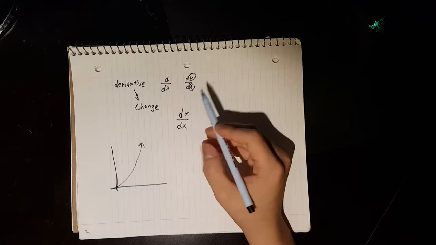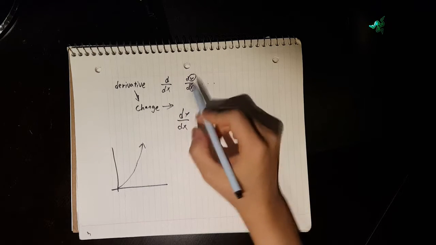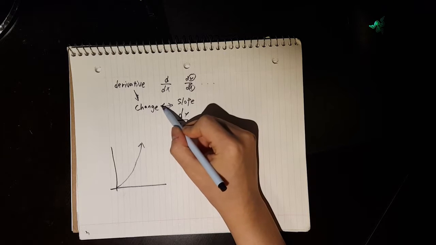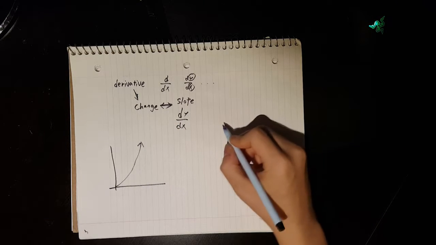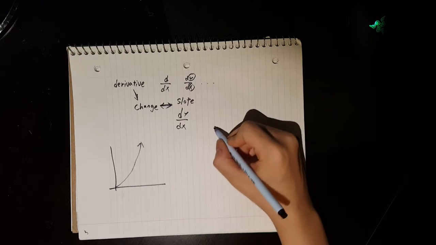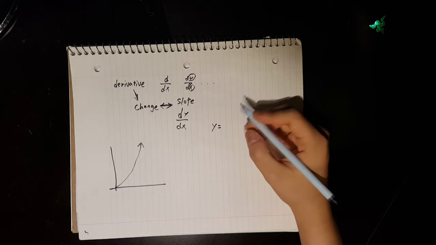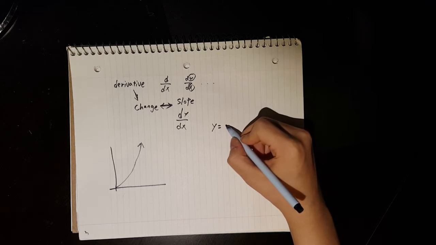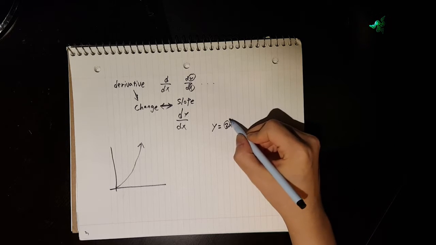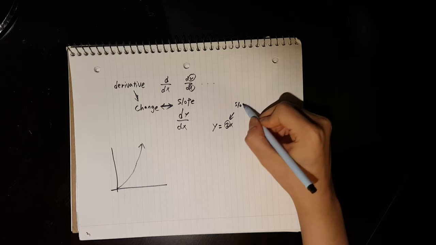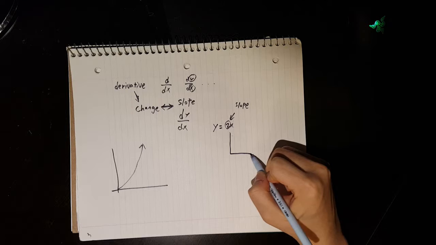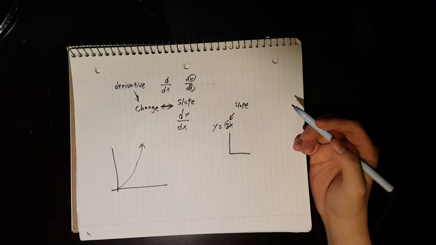I forgot to mention this, but change can also be expressed as a slope. For example, we're familiar with the standard notation for a function, for example y = 2x, and here this 2 represents the slope. If we imagine y = 2x, you should probably already know what this looks like.